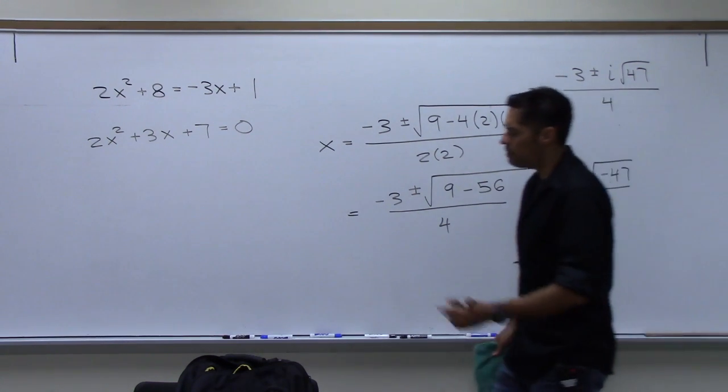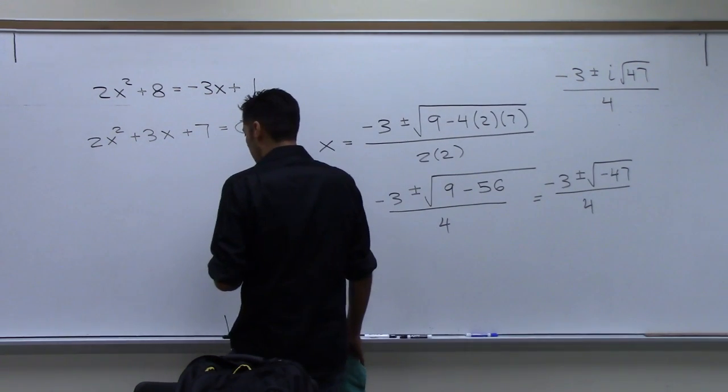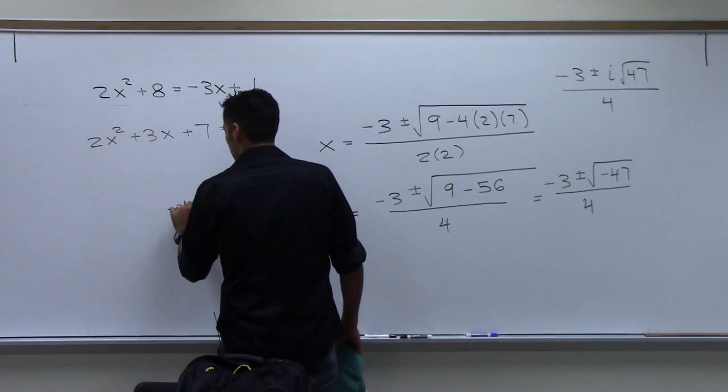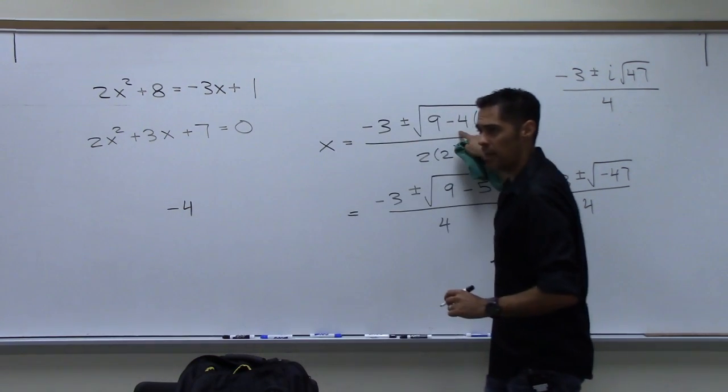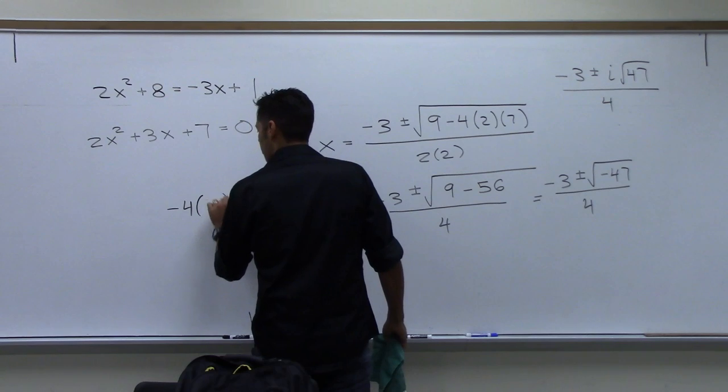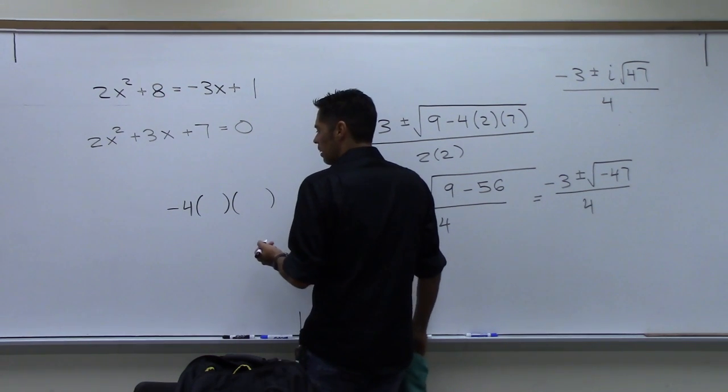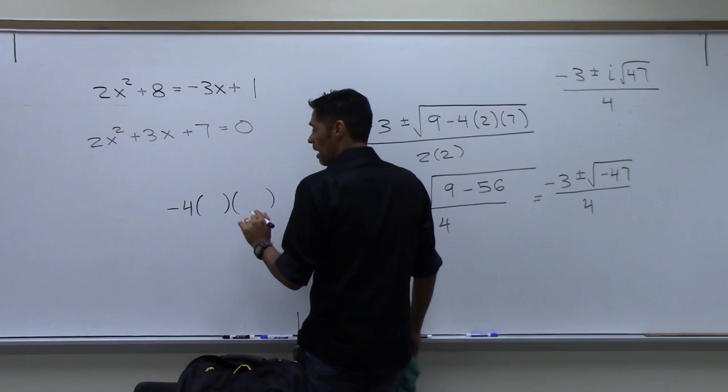Okay. Now there are some other ways that you can look at it. You're always going to have negative 4. Just imagine this piece in here. Then you're going to have 2 numbers, always. Let's look at all the possible cases we could have.